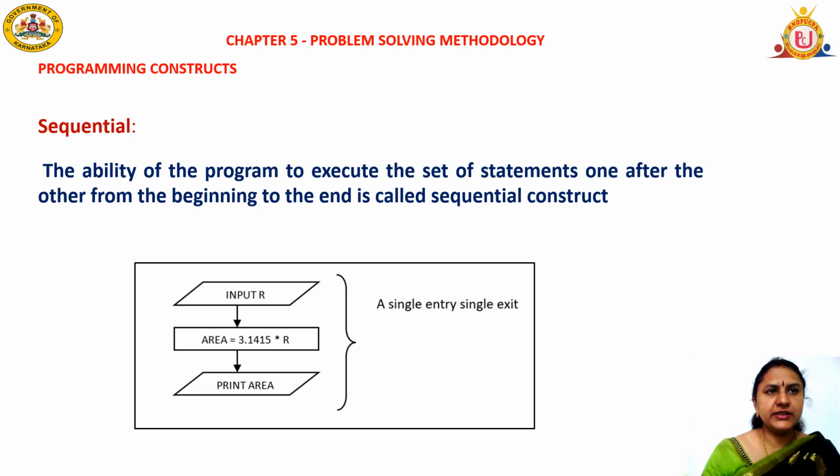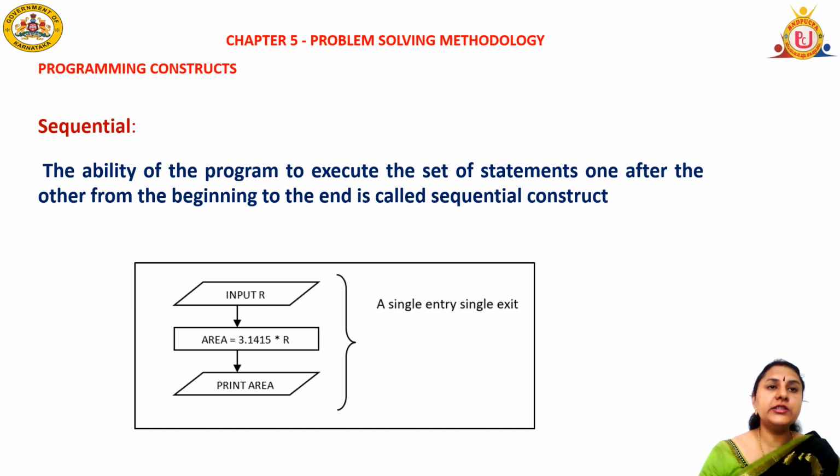Now we discuss the first construct, the sequential construct. What is meant by sequential? It means in order. So the ability of the program to execute the set of statements one after the other from the beginning to the end is called sequential construct.